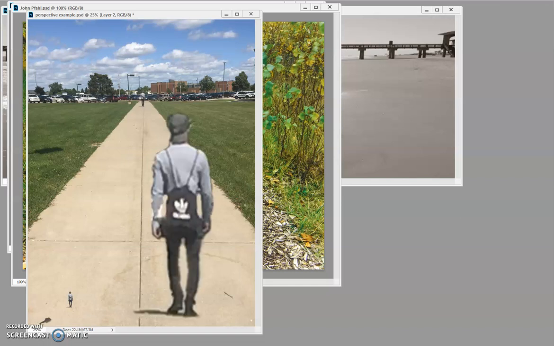We expect to see him like that when he's up close. Things closer to us appear larger, and the same is true for the distance from the left side of the sidewalk to the right side. If we put lines on that, it looks like that. Those are parallel lines that recede and meet at the horizon, the vanishing point, it's called.